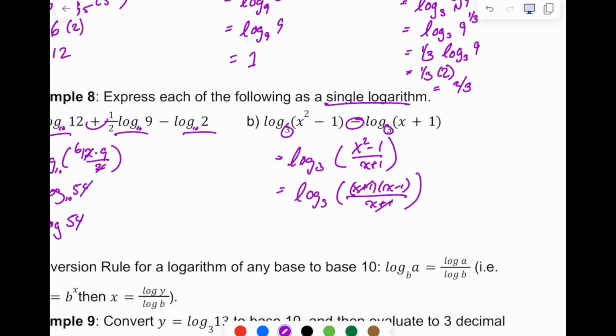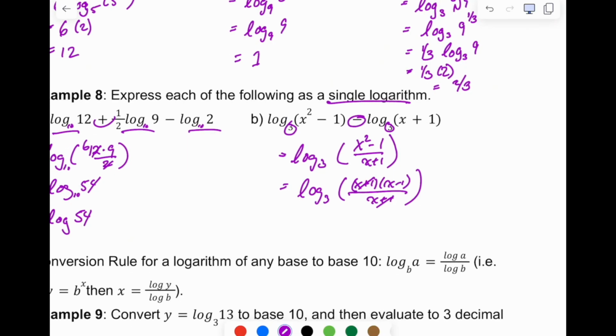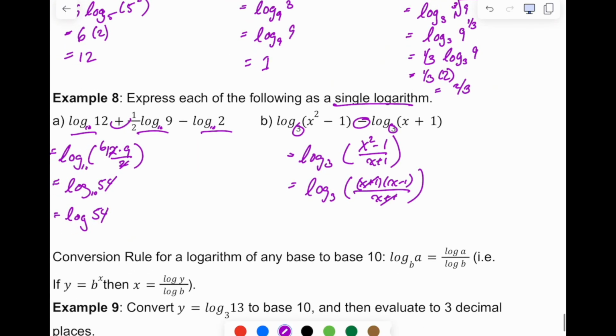So here we're going to cancel. That was a little bit of a lesson from our last unit in terms of rational expressions. So in the end, we're going to get log base 3 of x minus 1. But please remember restrictions. In this case, x can't be negative 1, because that was a restriction that we had in our denominator.